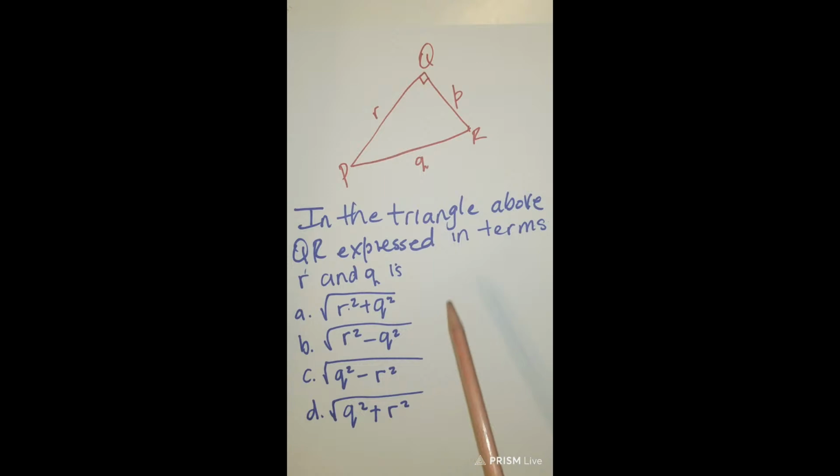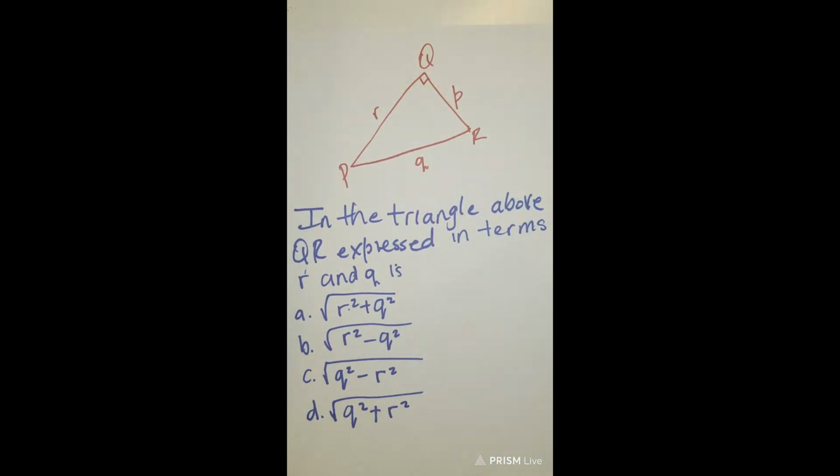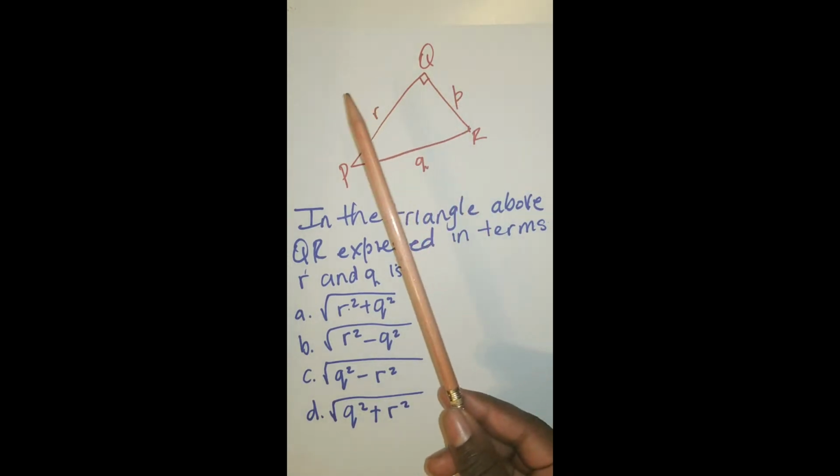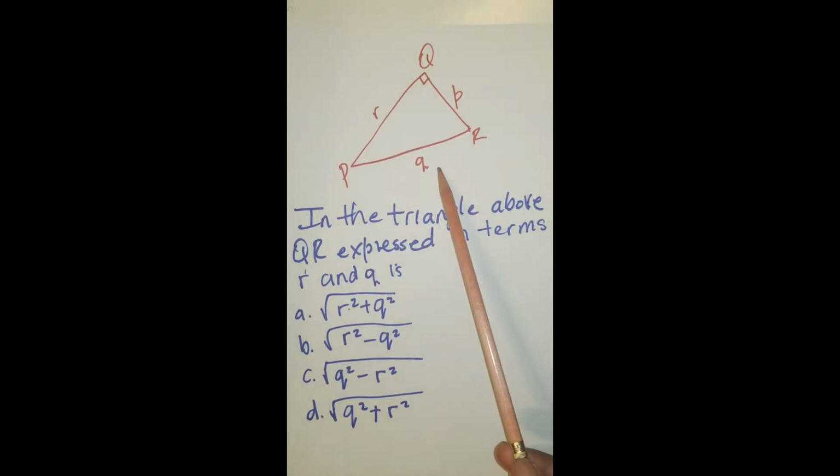It requires Pythagoras' theorem. So to find QR, what would you do? We know Pythagoras says the length of the two short sides squared, yes Natalie, is equal to the length of the hypotenuse squared. And so this squared plus this squared is equal to this squared.